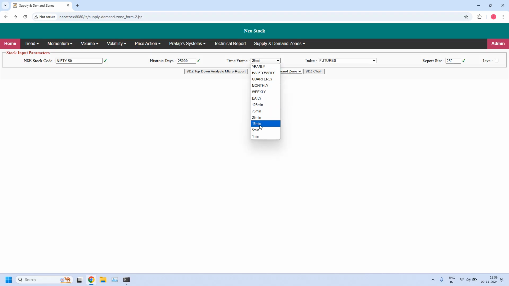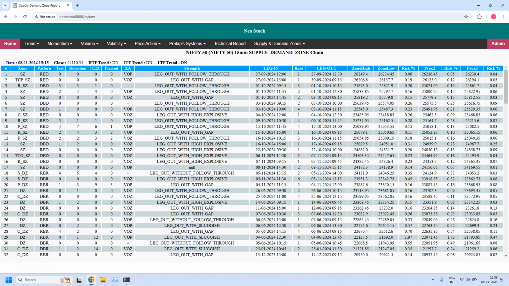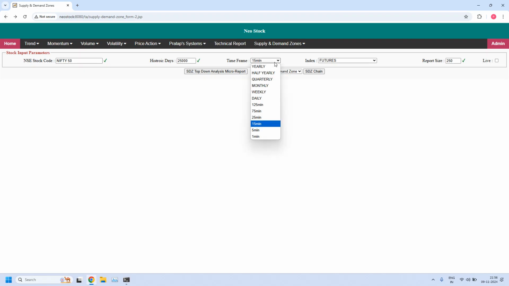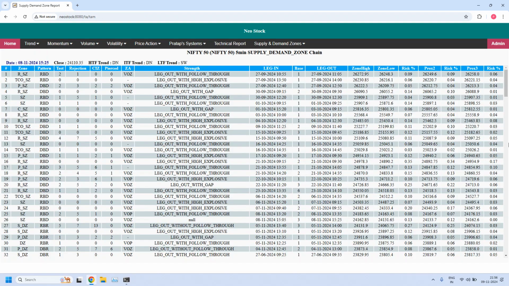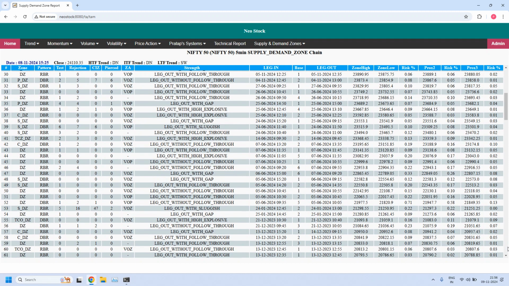Next, 15 minutes supply demand zone chain. Next, 5 minutes supply demand zone chain for Nifty. Until 26 you have supply zones and remaining demand zones. Let me scroll the list down. And the next page. Okay, this is about Nifty supply demand zone chain.